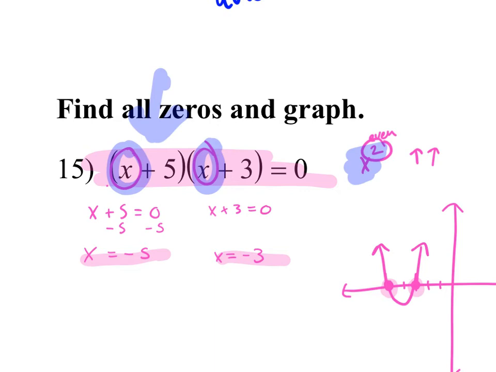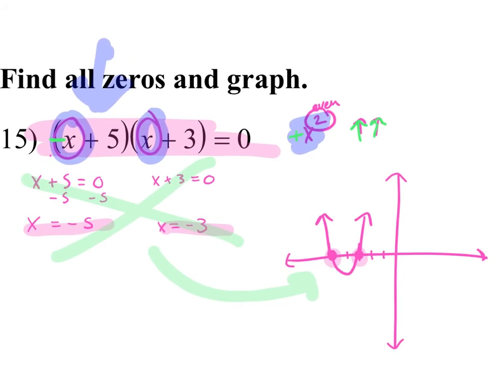We're not looking at our answers for this part, so you can ignore this. All we did was put these on our graph. If it was like a negative x plus 5, that would be what we cared about. But none of them have a negative, so it is positive. So that's what makes this go up, and then since it's even, because we have two x's, the left arrow goes up also.